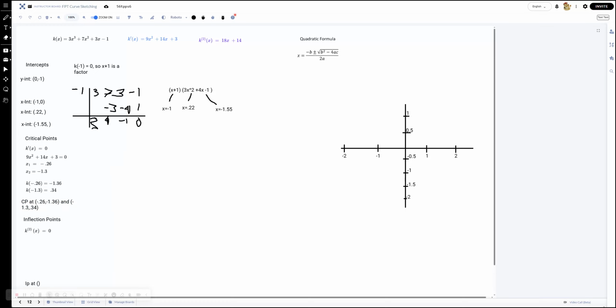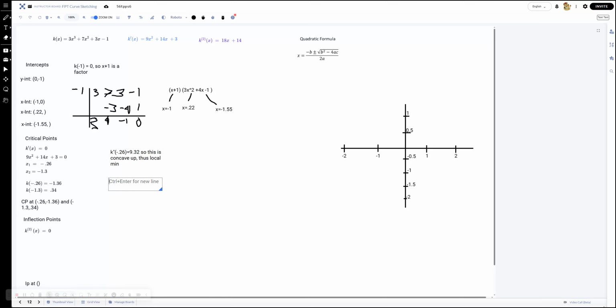You then have to do the concavity check, which is done using the second derivative. So let's plug in our points, negative 0.26, and we get that's equal to about 9.32. So this is concave up, right, as it's greater than 0, and thus a local min.